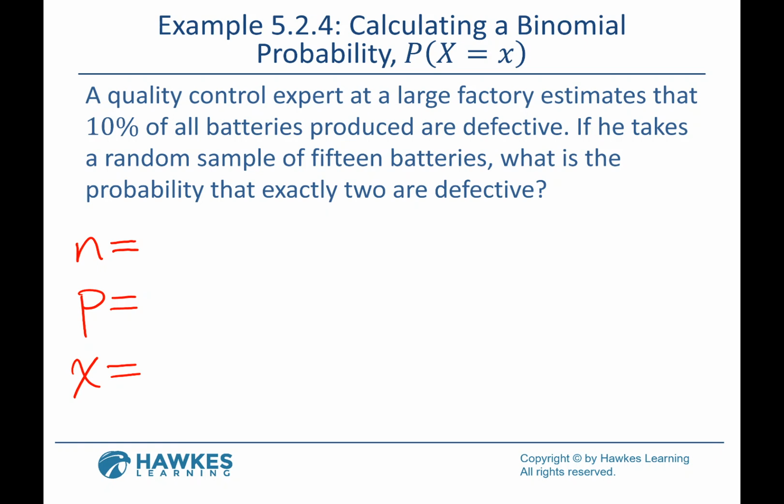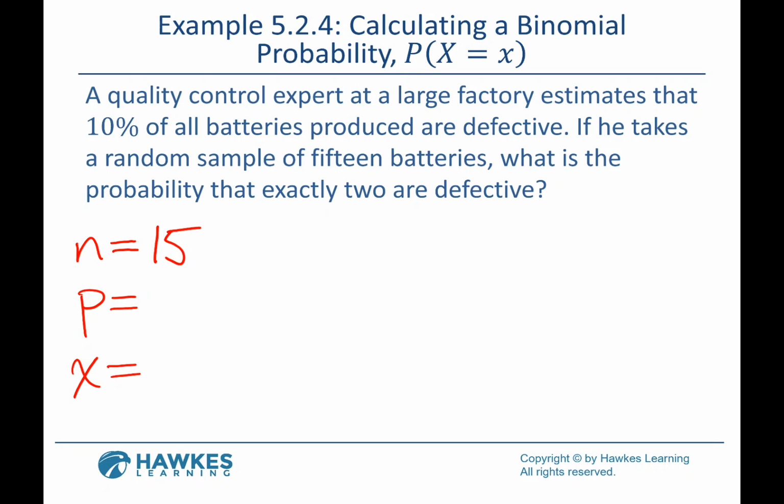What's our N on this one? 15, yeah, we're going to sample 15 batteries. So N is 15. Here for P, we don't have to calculate anything, it just tells us. It says it estimates that 10% of all the batteries produced are defective. So we expect if we just pick one random battery, there's a 10% chance it's defective. Remember, P is probability of success, so this is a little weird.